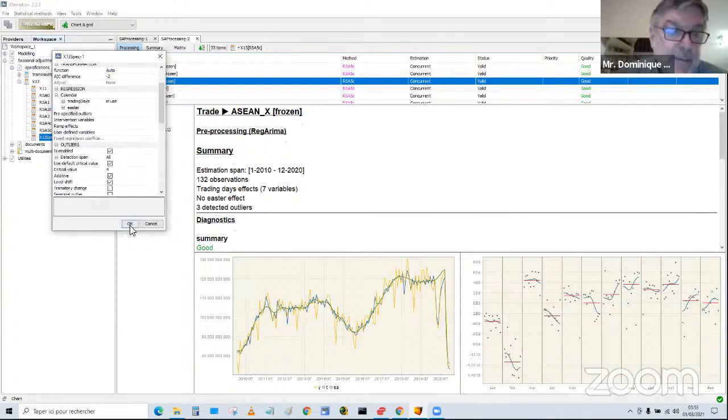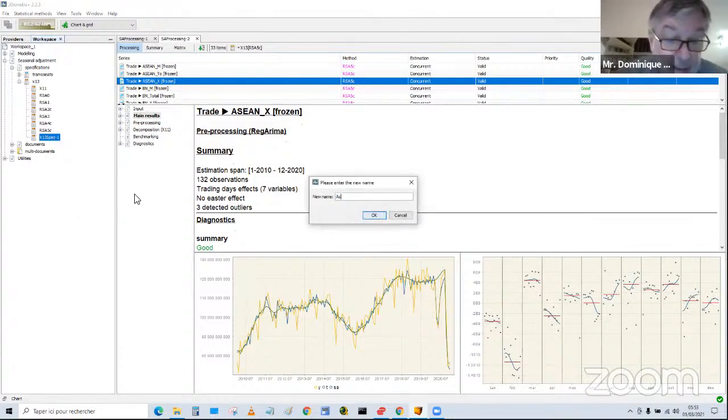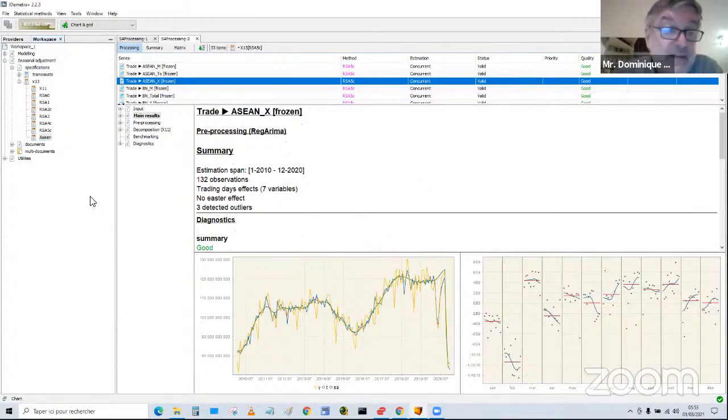And I say, okay. I can probably rename it. So I rename it and I will call it ASEAN, just to have in mind that I have a very specific specification for ASEAN, okay? And so now I will do the adjustment only for the ASEAN series. So for the aggregate, new.